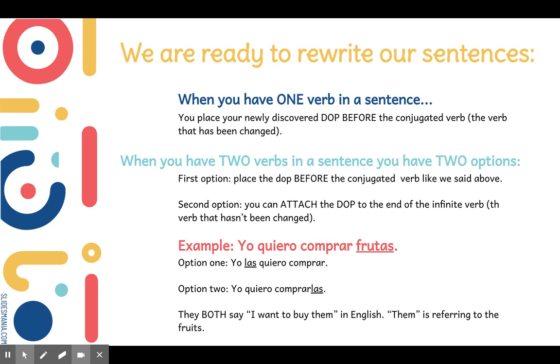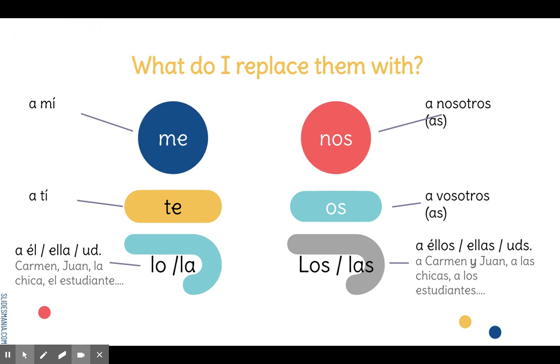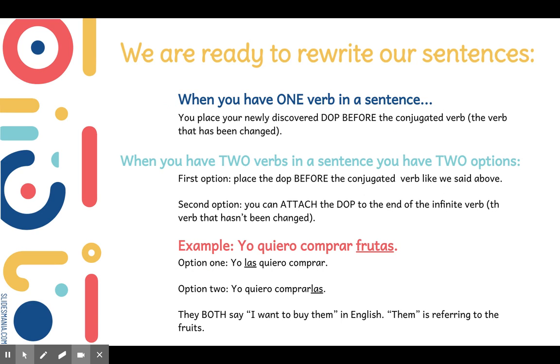So you can attach your "me," "te," "lo," whatever it is that you replace them with, to the AR, ER, or IR. So example here, "yo quiero comprar frutas." Subject, "yo." Verb, there's two. "Quiero comprar," I want to buy. And my DO is "frutas." Okay? Fruit is my DO.